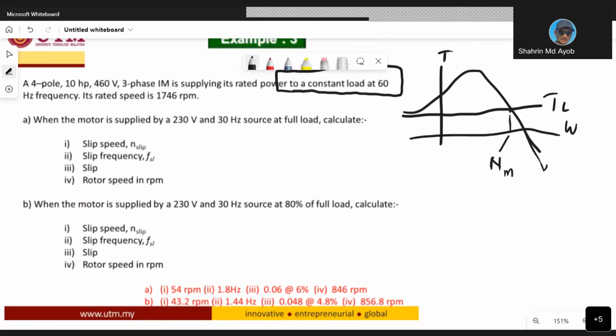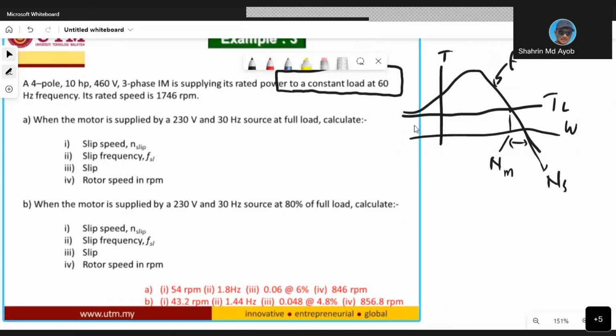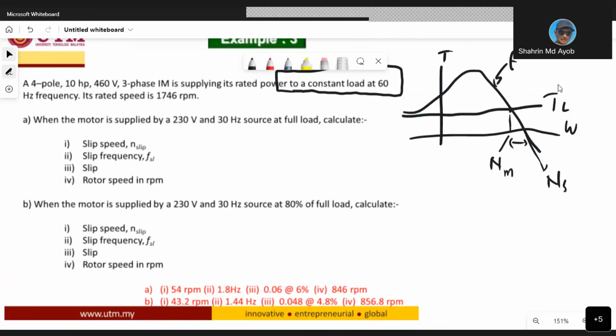You should know the synchronous speed and the slip speed, and also the frequency. If you don't understand the question, then I think you need to just plot the speed characteristic of the motor, then find all this information. Then from here, after you get it, you can actually understand the question.